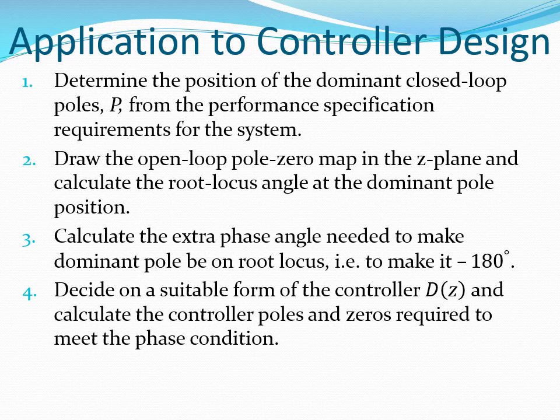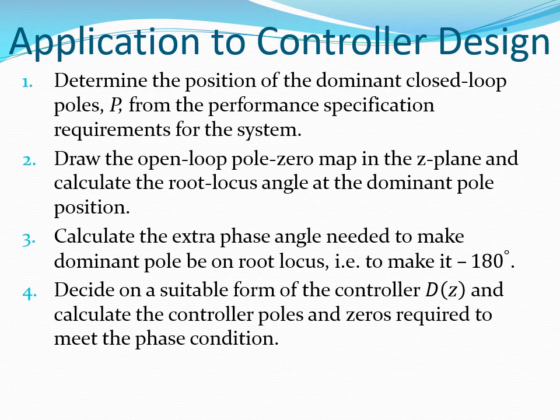4. Decide on a suitable form of the controller and calculate the controller poles and zeros required to meet the phase condition. The controller is responsible for the extra phase angle. Therefore, the phase angle is a function of the positions of the poles and zeros of the controller.